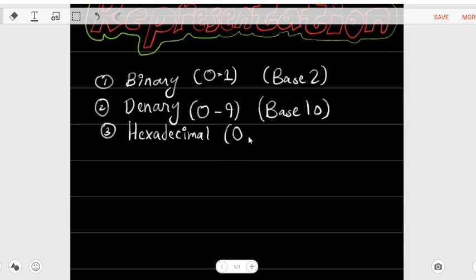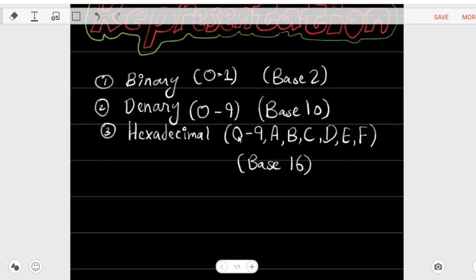It starts from 0 and it's all normal till 9, and after 9, instead of 10 we have A, instead of 11 we have B, instead of 12 we have C, instead of 13 we have D, instead of 14 we have E, and instead of 15 we have F. So starting from 0 going all the way up to F, that gives you a variation of 16 different numbers.